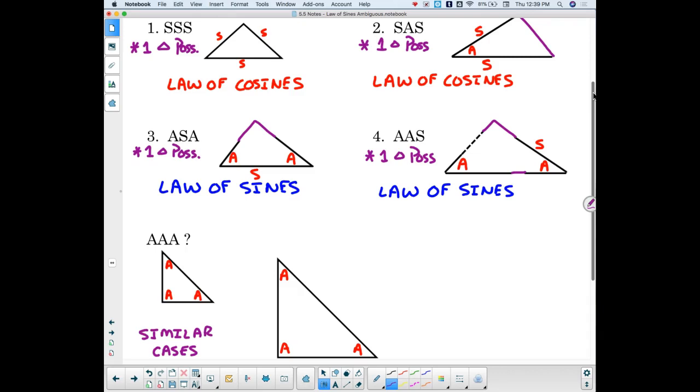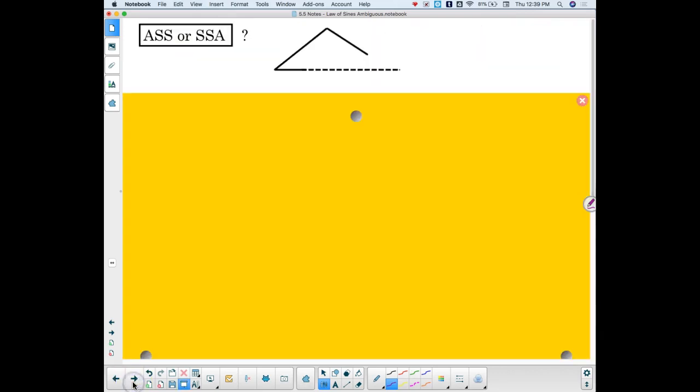Okay. Now, that leaves one last kind of problem that we can give you. And that is the angle side side case. Okay? So if you're solving a triangle with your angle side side, you would have an angle here, a side there, and a side there.